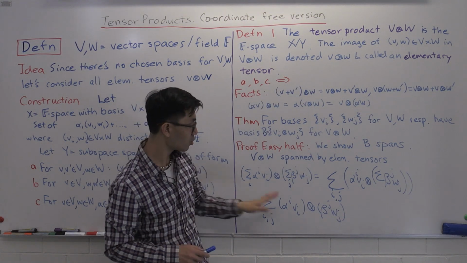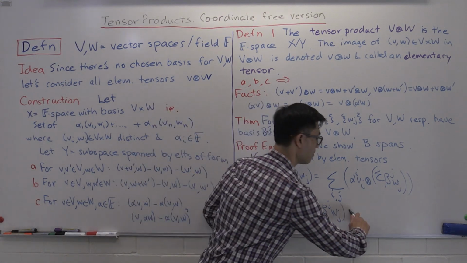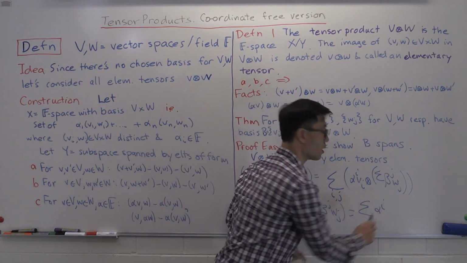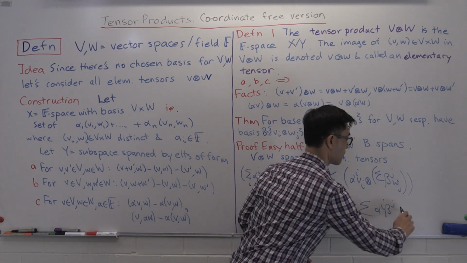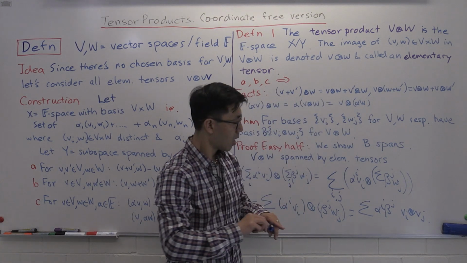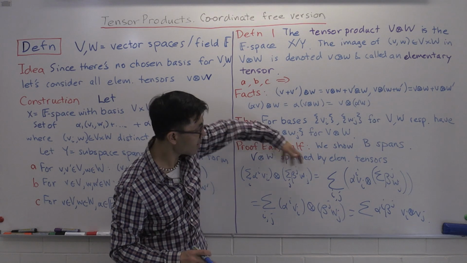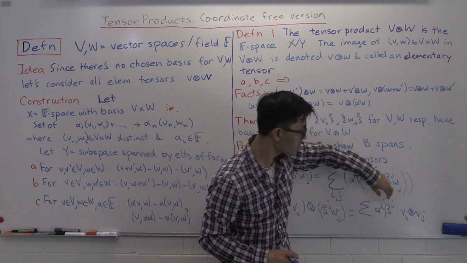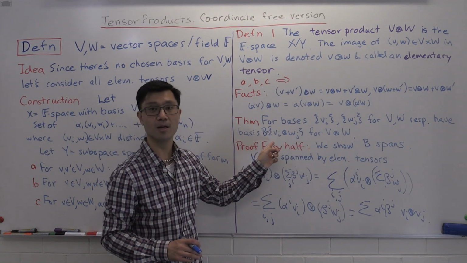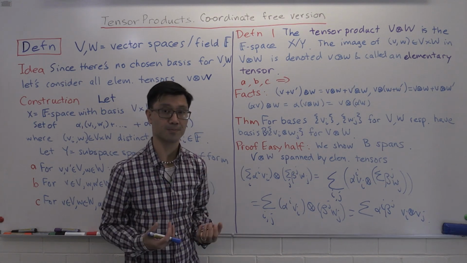How do these elementary tensors respect scalar multiplication? Well, you can pull the scalars out. So this is just the sum over all i and j, and you can pull the alpha_i and the beta_j out. And once you do that, any elementary tensor is indeed just a linear combination of these V_i tensor W_j, which were the elements in the basis that we used to define the tensor product in the coordinate version of the tensor product.